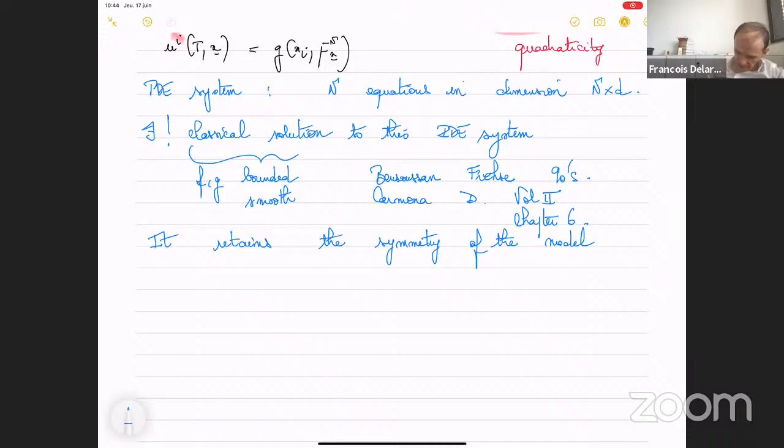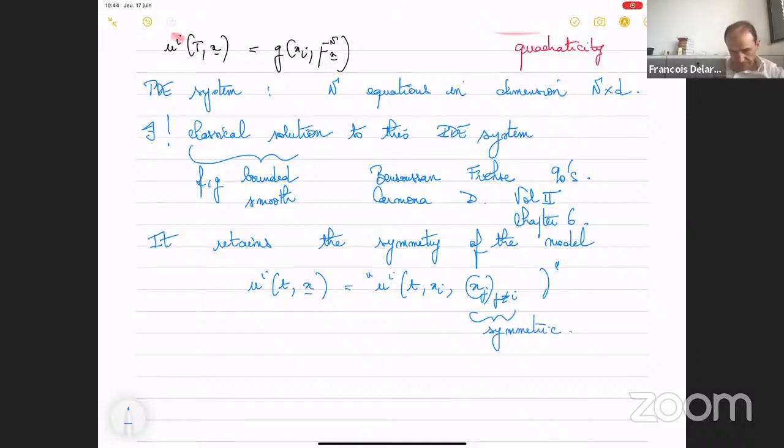And so when I say that, it means that if you have a look at u^i(t, x underline), this is a function u(t, x^i, and then the others, x^j for j different from i), and this is symmetric in these arguments.